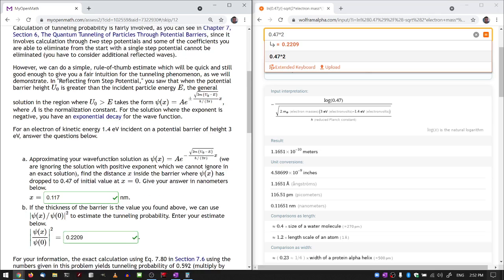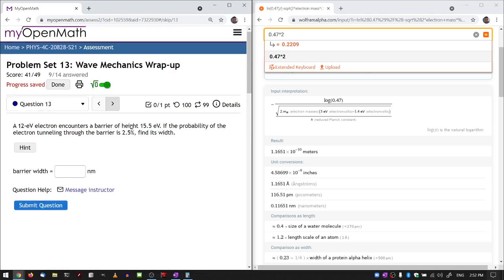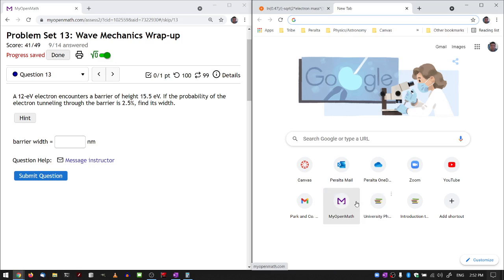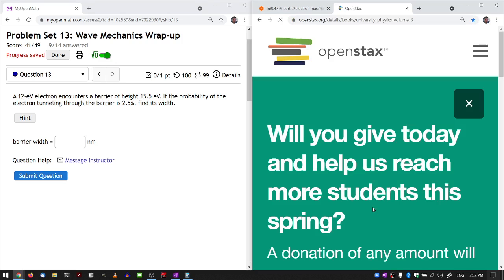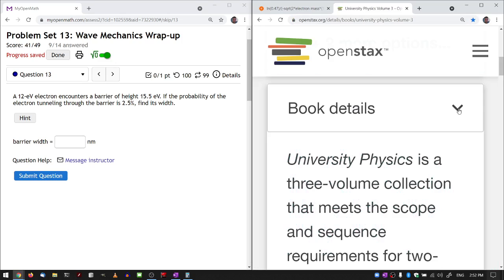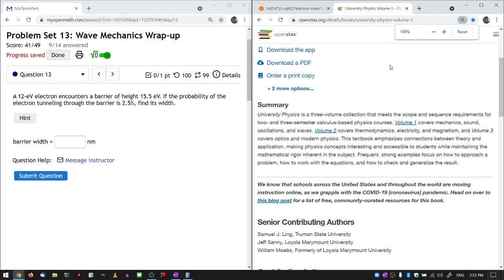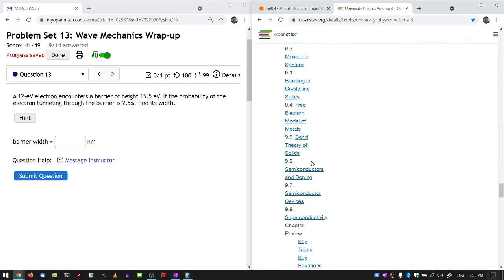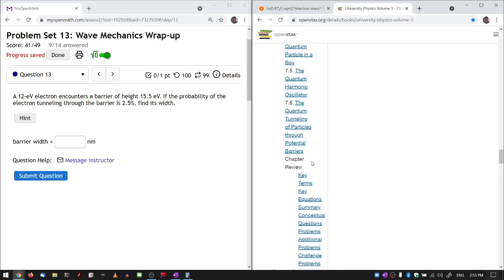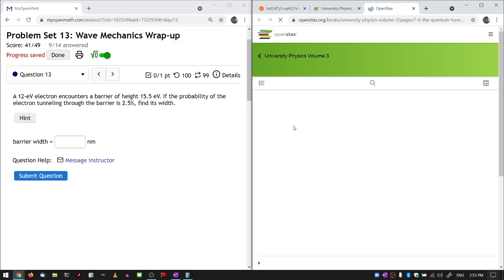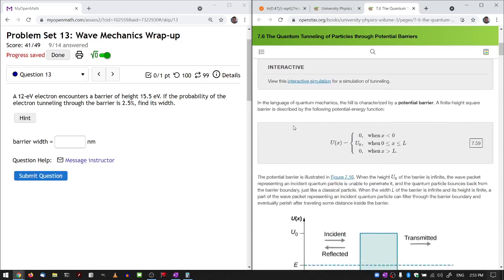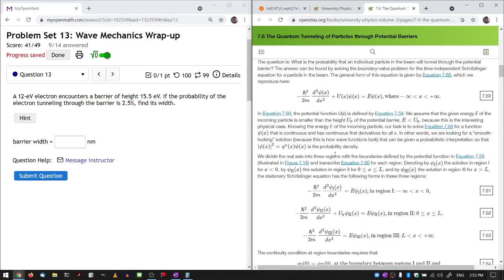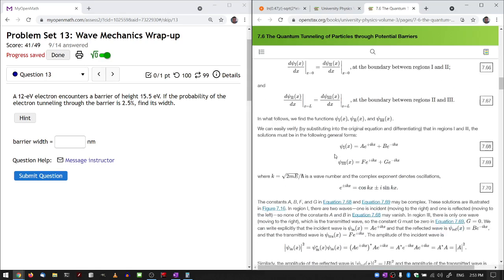When you look at the textbook's treatment of quantum tunneling, which you actually will have to look at to answer this question, you can see what I mean by the reflected term. So the reflected term looks like, wait, 7 quantum tunneling of particles. When you see the textbook set up the equation in this barrier region, it sets up the equation so that you have solutions.